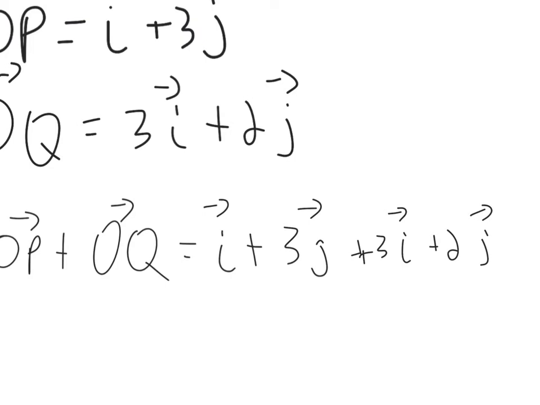If we then make that addition by adding the i's and j's together, and because we know that vector addition is associative from the other day's work, we can just simply say that we have i plus 3i is 4i, and 3j plus 2j is 5j, and therefore the vector is 4i's and 5j's, just like we counted on the diagram, or on the picture.